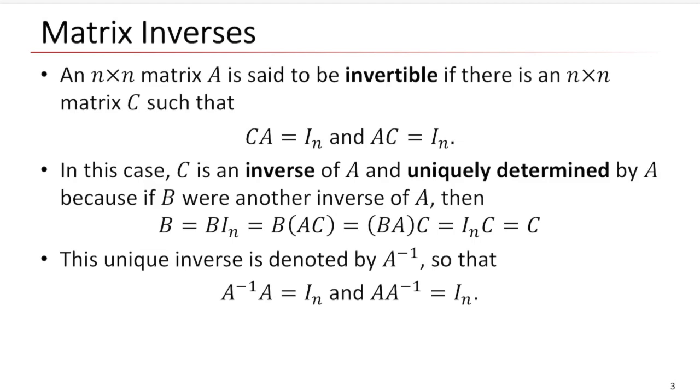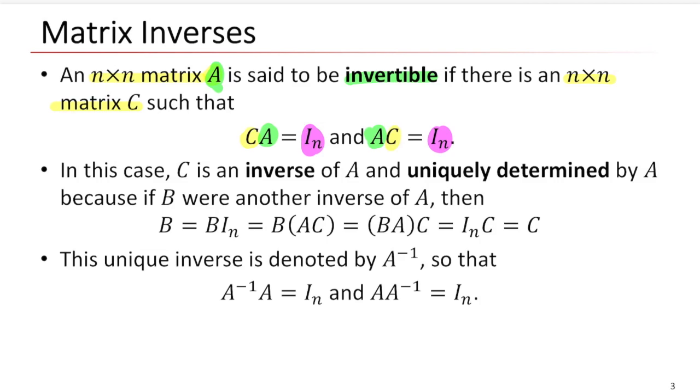Here is the definition. An n by n matrix A, the square matrix, is said to be invertible if there is an n by n matrix C such that C times A is equal to the identity matrix I_n, and A times C is equal to the identity matrix.